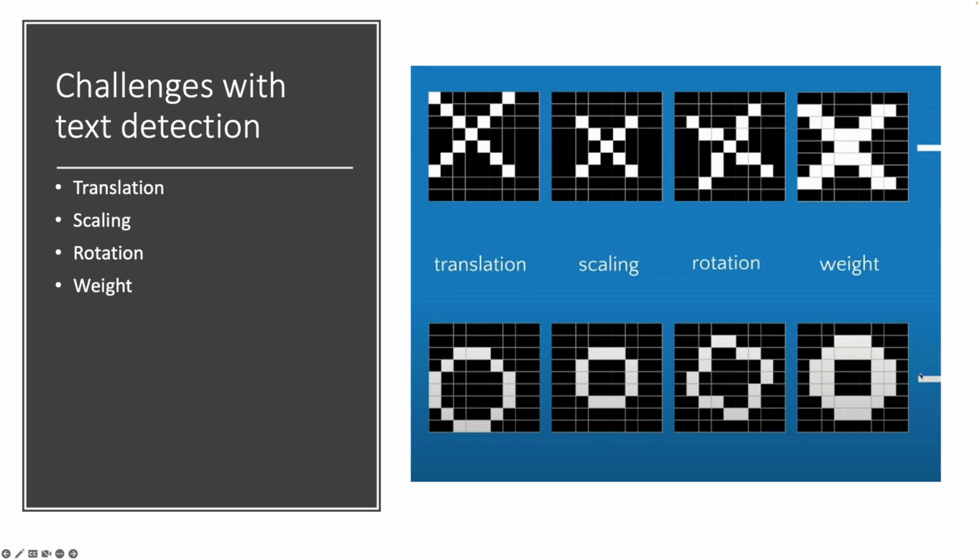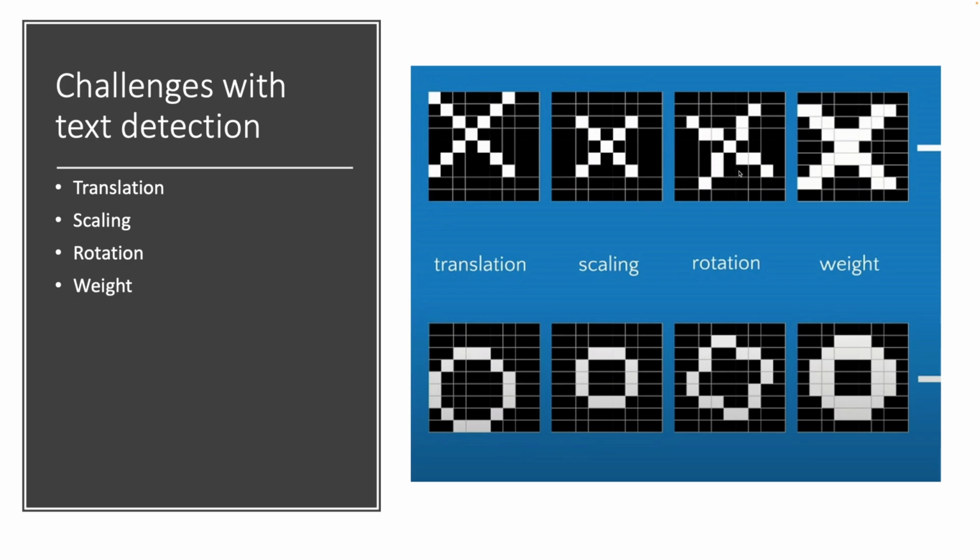So of course we have some challenges with detection with text, specifically these listed over here on the left. Translation means that something is moved, so you can see that on the X it's kind of up here at the top. The X here in the middle is scaled down a little bit.